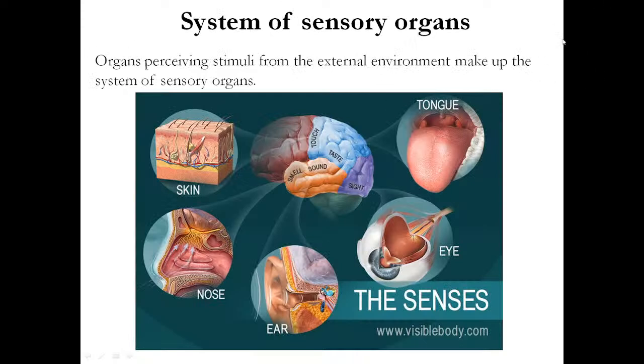And the system of sensory organs. Organs perceiving stimuli from the external environment make up the system of sensory organs. You see skin, nose, ear, tongue, eye. These are sensory organs. Human organs.